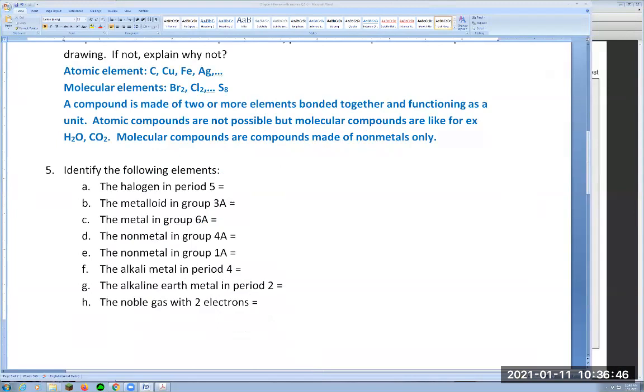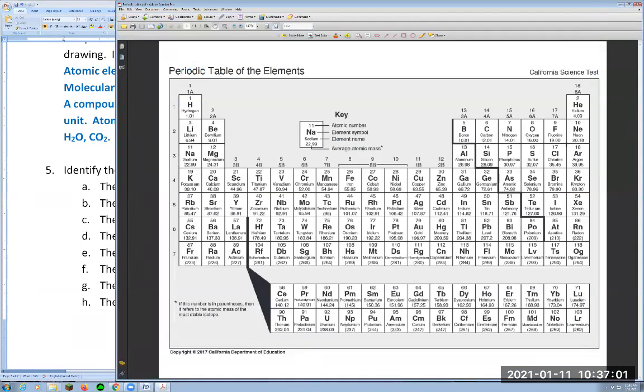So we'll continue with question 5. Identify the following elements. So you have clues. The first one, A, the halogen in period 5. So for this, you need a periodic table. I like to use this version of the periodic table because it has the group numbers with the letters below the group numbers that go from 1 to 18, from left to right.